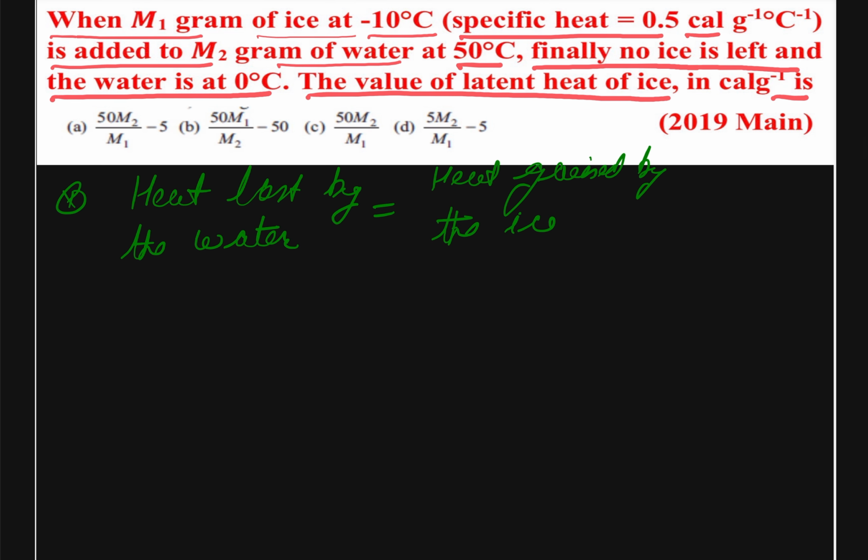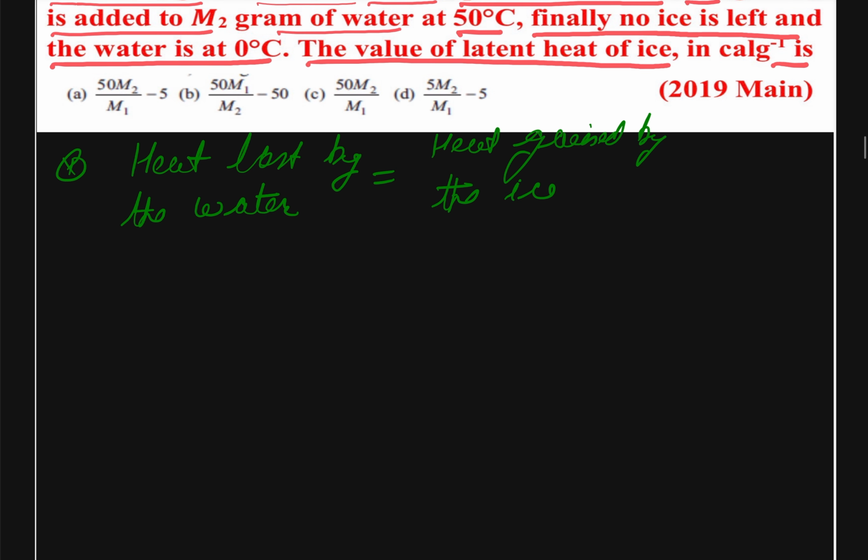So let's find out the respective heats. So we can see heat to warm the ice from minus 10 to 0 degree centigrade.